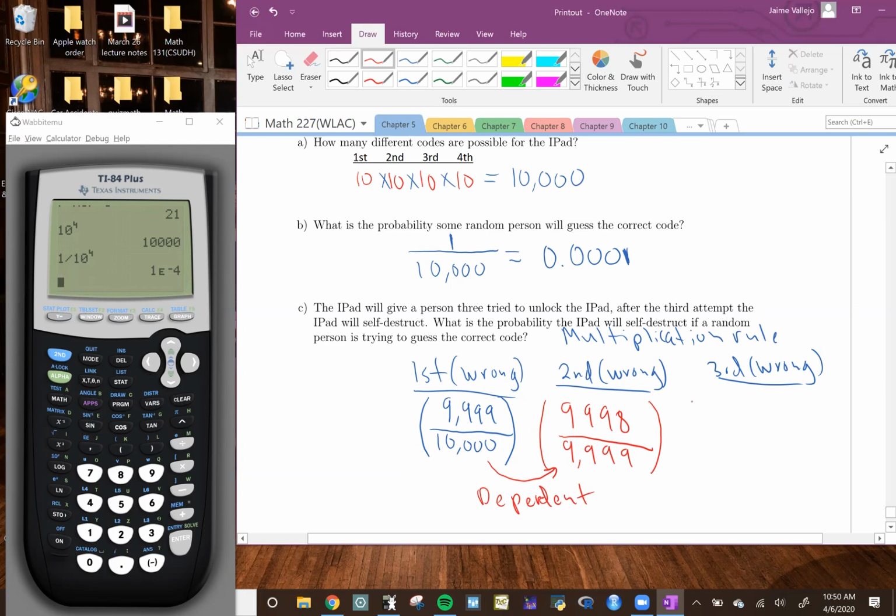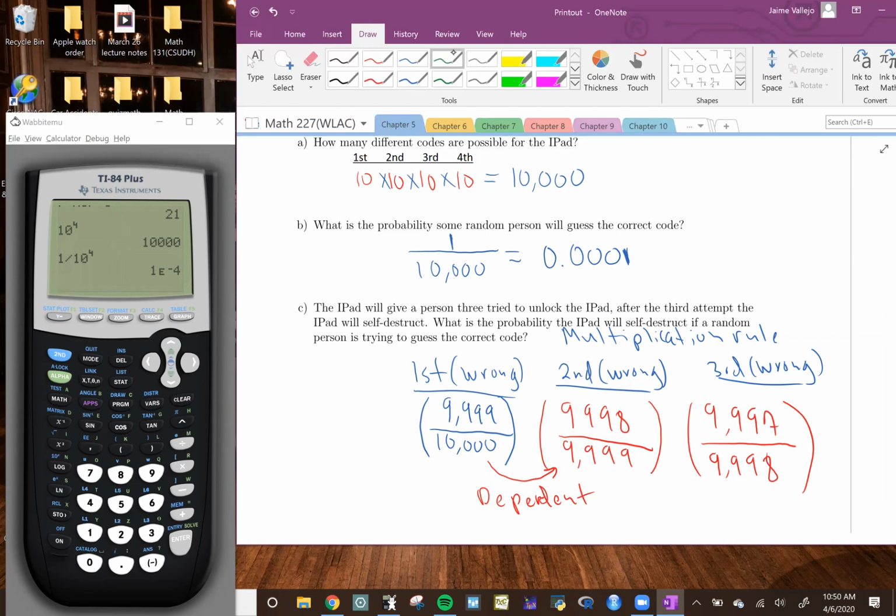Cool. So let's do the third one. All right. What's the probability that the third attempt will be wrong? How many total passwords are there for that person to try out? 9,998. How many of them are wrong? 9,997. Yeah.